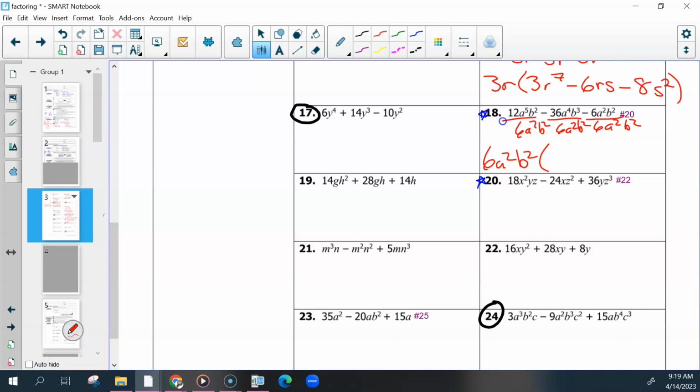What would we have left? 2. So what would this be if we divided this? 1. Again, it looks like we should be able to take something out, but we can't. There's only 2 A's, there's only 1 B, 2 numbers that can be divided by 2.